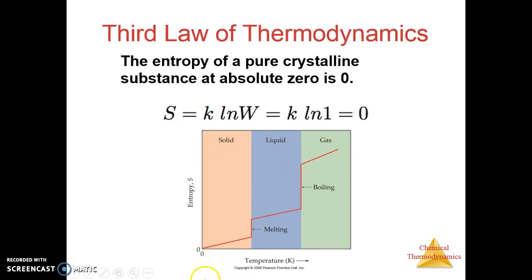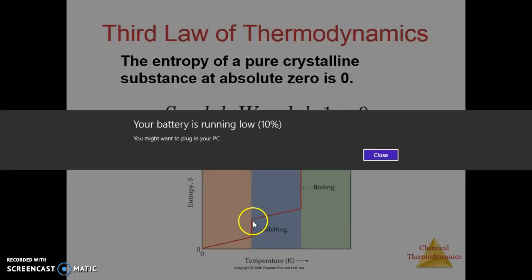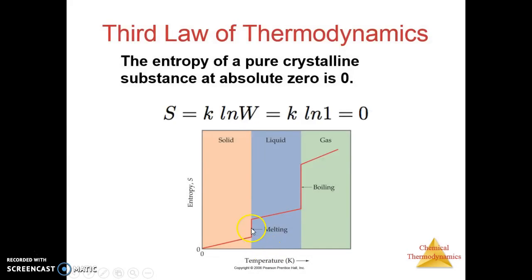If you take a look at this graph, it supports that idea. As we increase temperature, we start increasing the motion, so the number of microstates is starting to increase. Why is there a vertical line here?